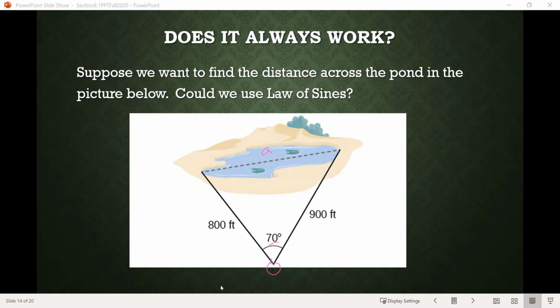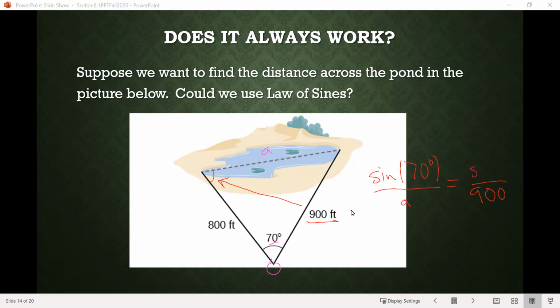Well, if we try to use the law of sines here, what we would do is the sine of the angle opposite the side A, which is 70 degrees, over A equals, then we can choose another one of the sides, like say this 900-foot one. So we do 900 feet under, but we need the measure of the opposite angle.